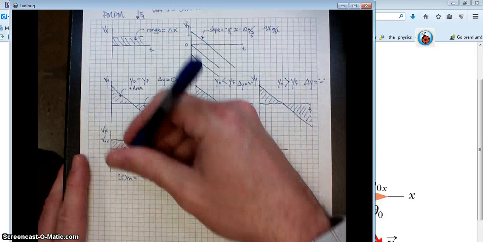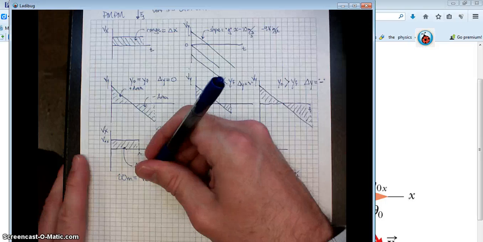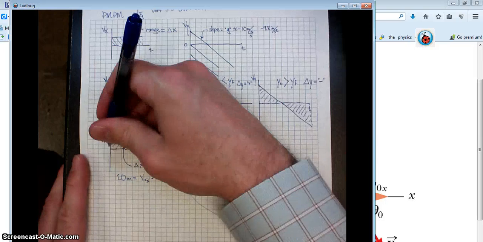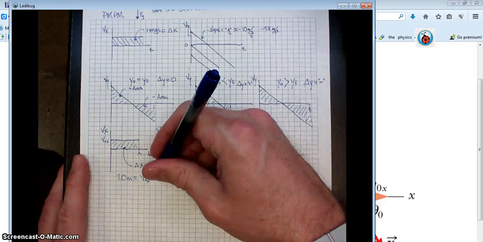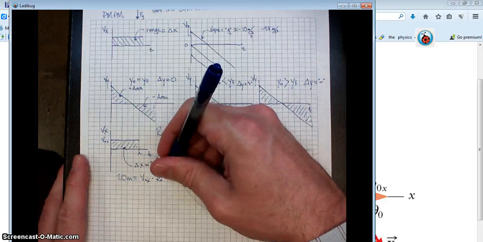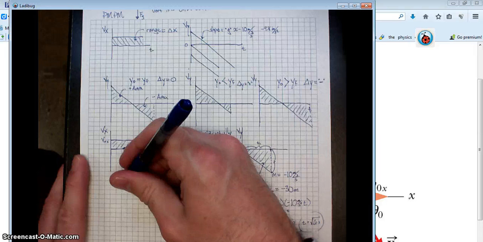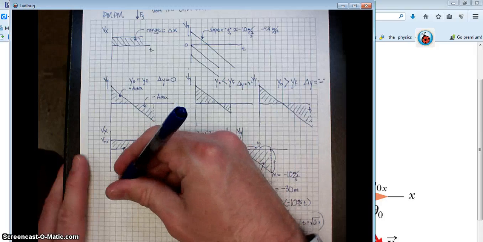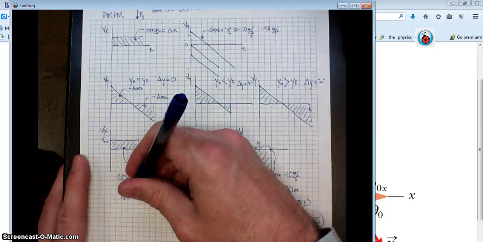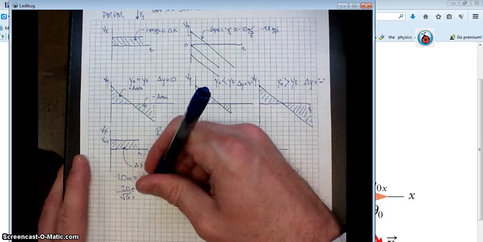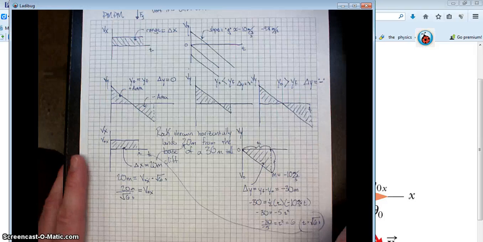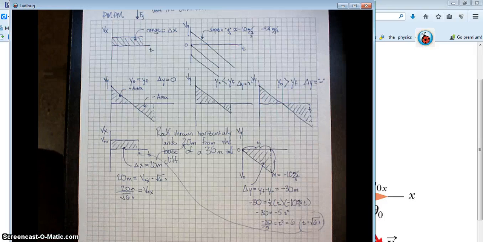That's equal to the height times the base of this rectangle, which we just found out was root 6 seconds. So 20 meters over root 6 seconds, that's going to tell me what the speed was that it was thrown at initially.